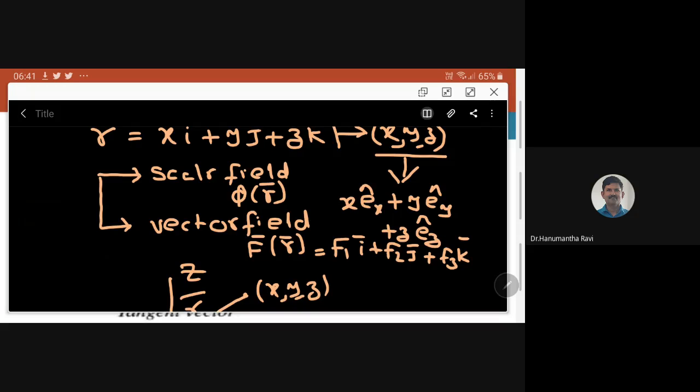On the other hand, in three-dimensional space we come across curves and surfaces. For example, a circle is a curve, and a parabola is a curve.